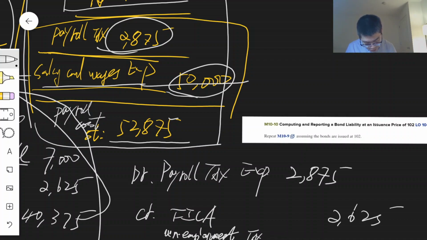Remember, both of these are payable, I forgot to put payable here. That is $250. And in total, your credit balance equals your debit balance, which means this journal entry is finished.